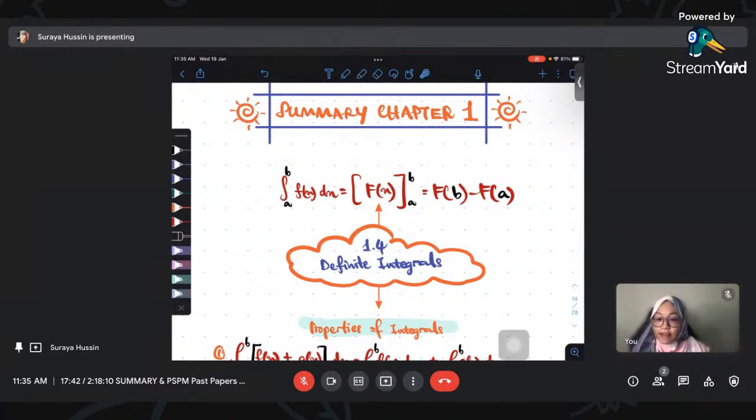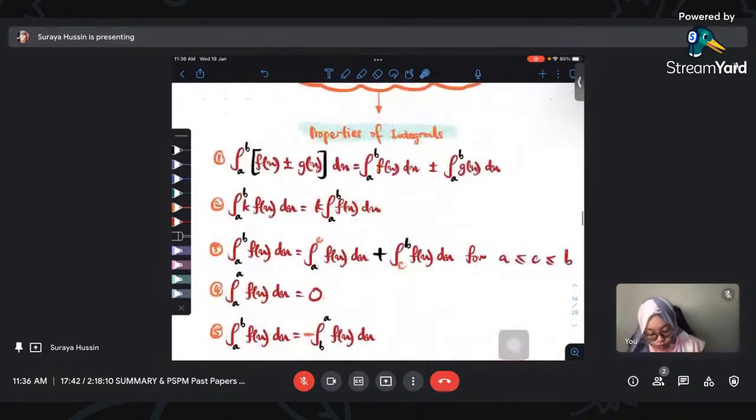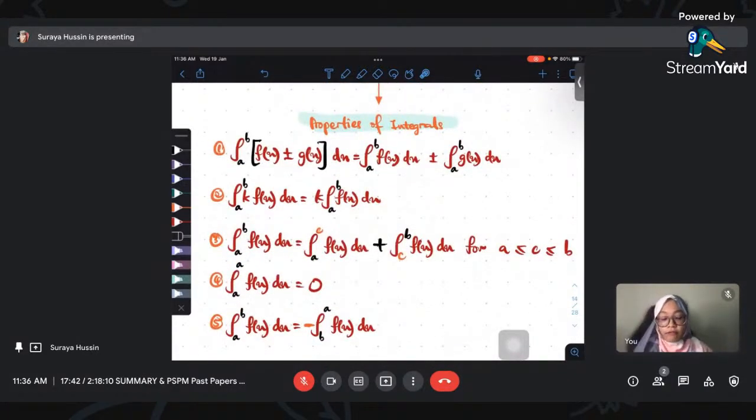Which you have actually seen in your SPM year. So I don't want to elaborate more on this. Yang penting you faham setiap kali dapat soalan integration, perlu integrate dahulu. After dah integrate, baru masukkan nilai. That's very basic.